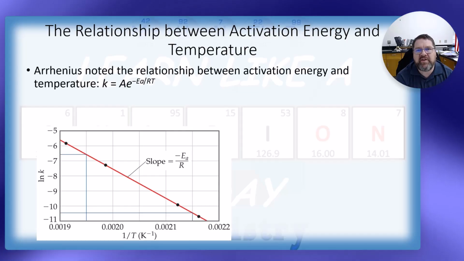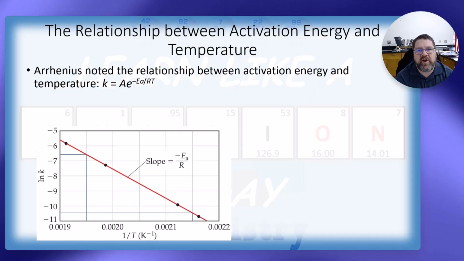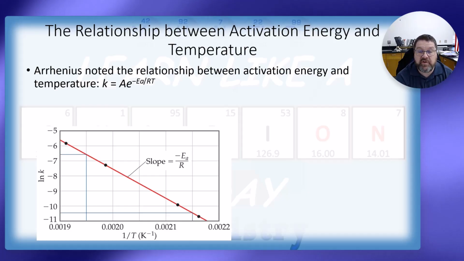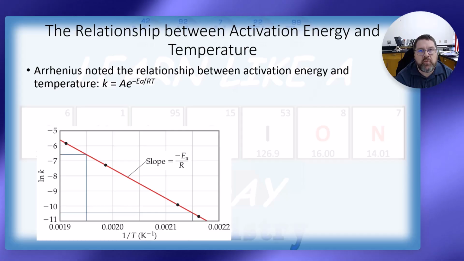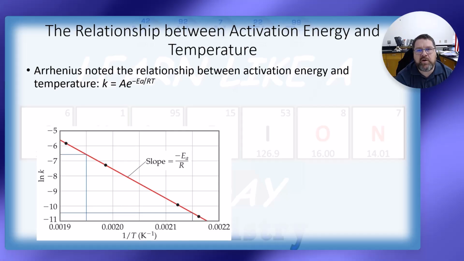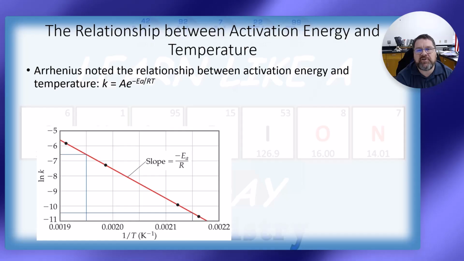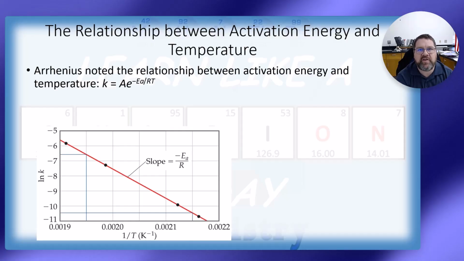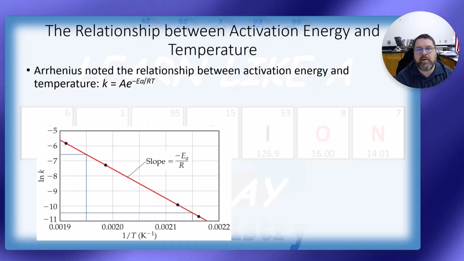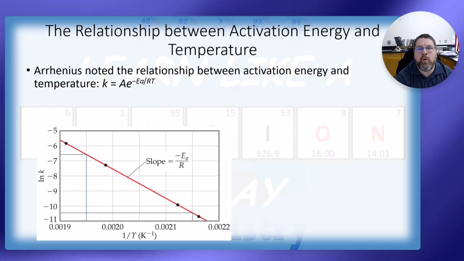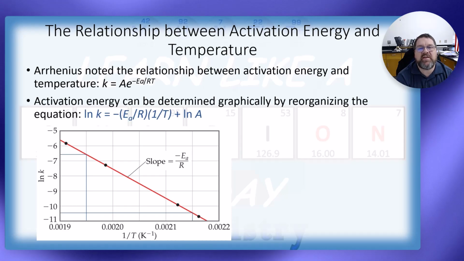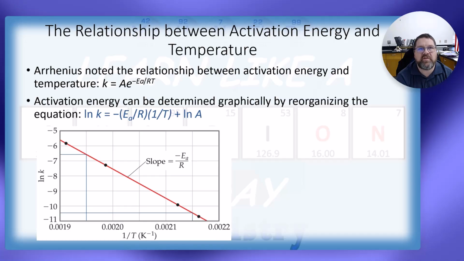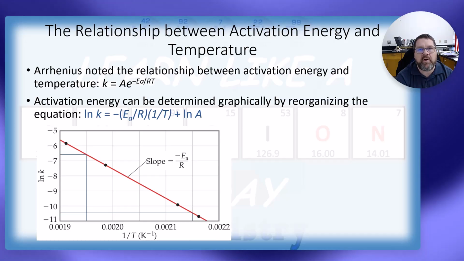So the Arrhenius equation is the one that you see here. Rate constant is equal to A, which is known as the Arrhenius constant, times e, the numeric e, raised to a power that's equal to negative activation energy over RT, where R is the ideal gas constant and T is the temperature in Kelvin. And so by using some logarithmic identities and doing some rearranging, we can get this equation into a form that's in slope-intercept form, that very familiar y equals mx plus b form.